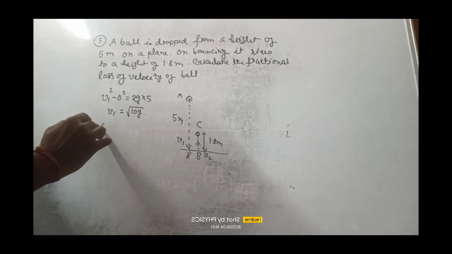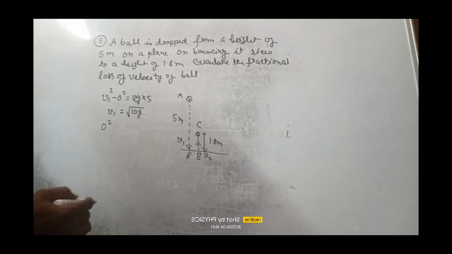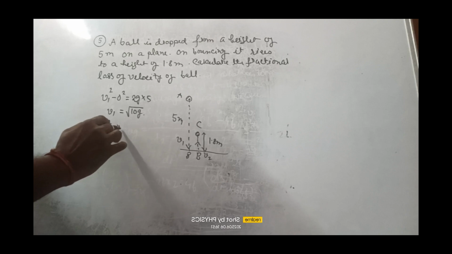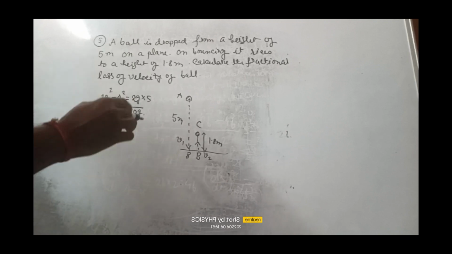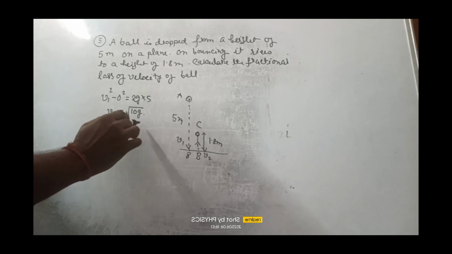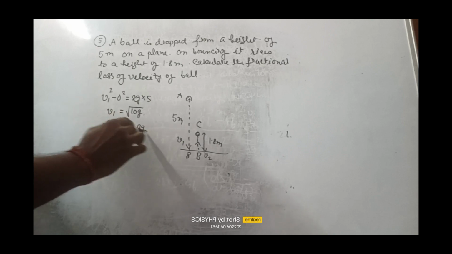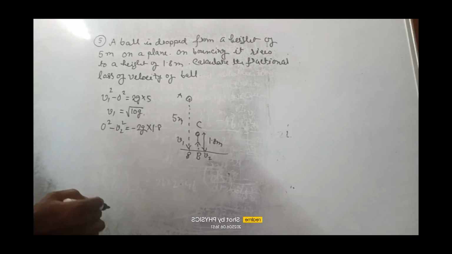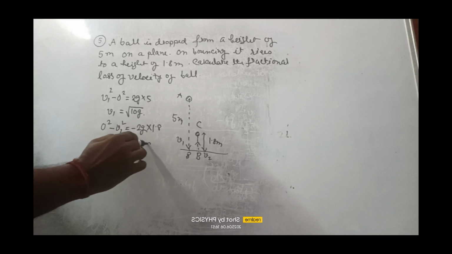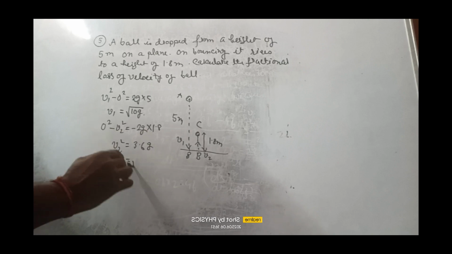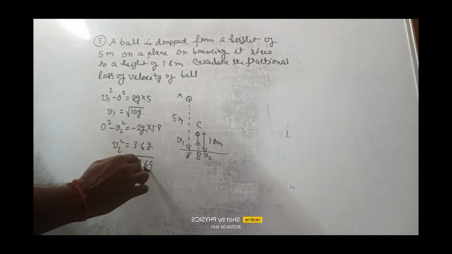The final velocity is 0, so 0 square minus v2 square equals, as it is moving against gravity, minus 2g into 1.8. So v2 square is equal to 3.6g, that is v2 equals root 3.6g.